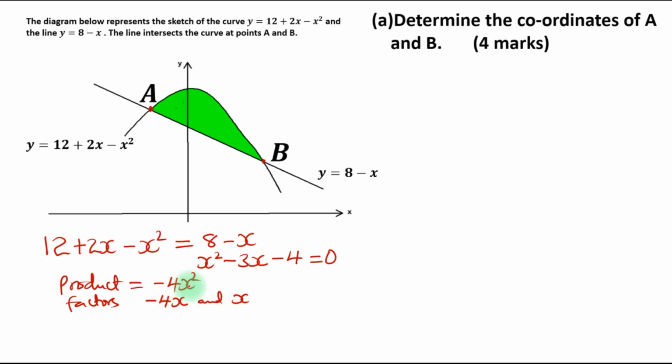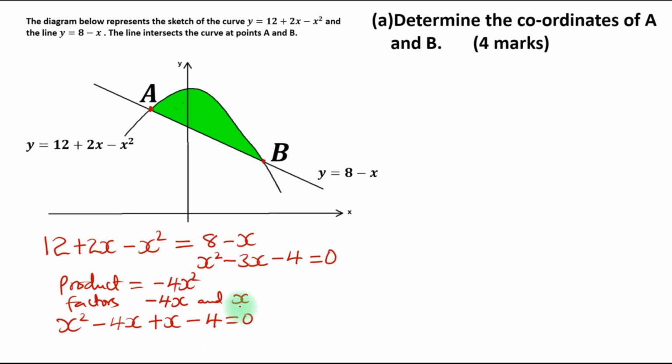If we multiply them, we get minus 4x squared. If I add, I get minus 3x. And therefore, I'm going to rewrite this quadratic equation, the middle part, in the expanded form. That will be x squared, then minus 4x plus x minus 4 will be equal to 0.